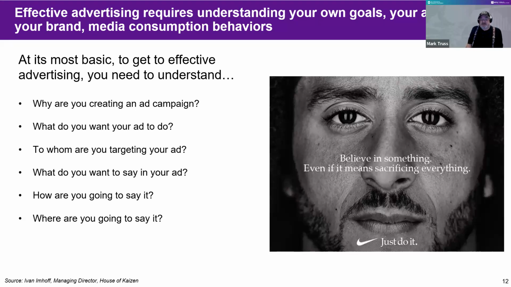So we need to get something in market is a pretty poor answer to that question. You really want more specificity. What are we trying to do, right? And that's the second one. What do you want your ad to do? What's the goal of doing this? At the end of the campaign, what business result do you hope to see from running this campaign? We need to understand whom we're going to target in the ad, what we want to say in the ad, how we're going to say it, and where we're going to say it, right?